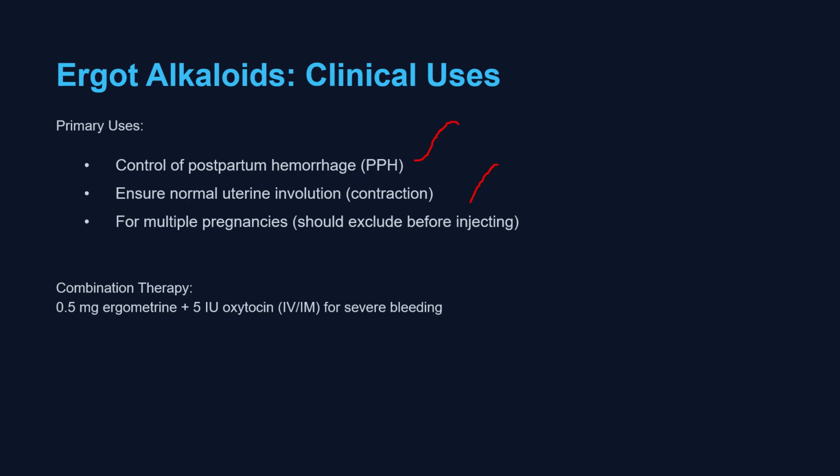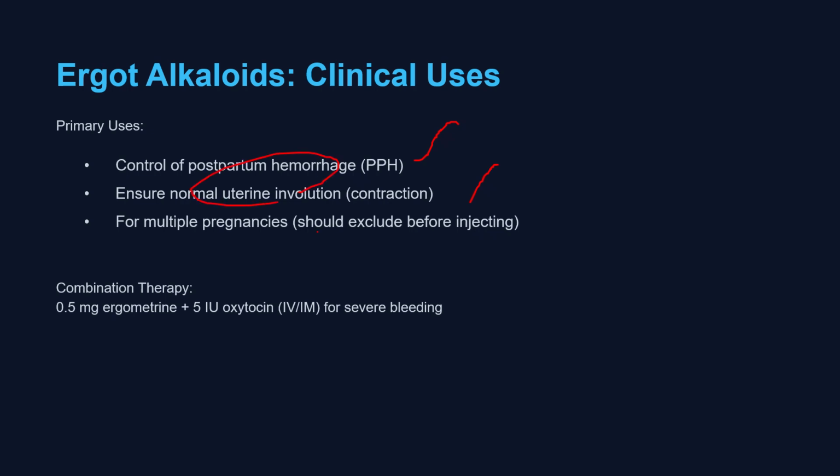To ensure normal uterine involution, we give ergotamine 0.25 mg or methylergometrine TDS for 7 days.